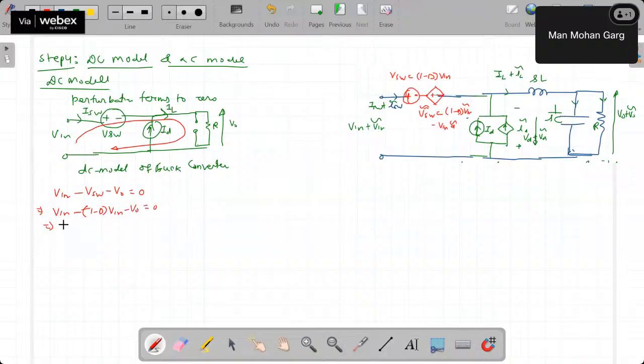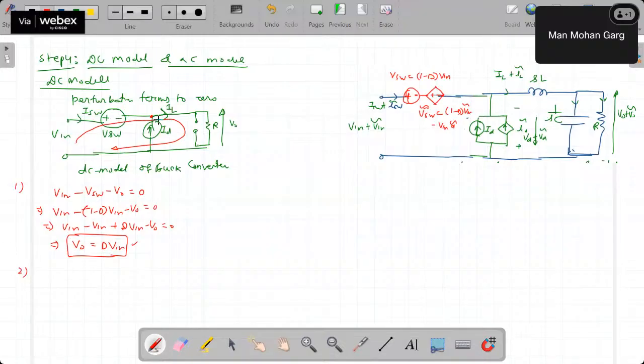Simplifying, V in minus V in plus D V in minus V0 equals 0, and from here you get V0 equal to D V in. So this is the output voltage, and this is expected also. We get one relationship from here.